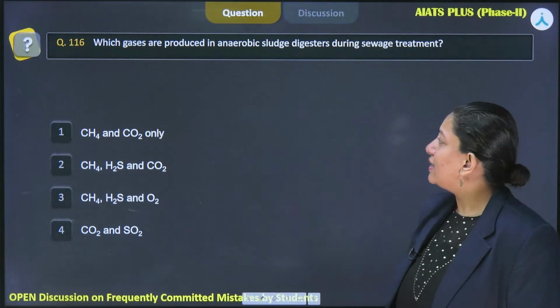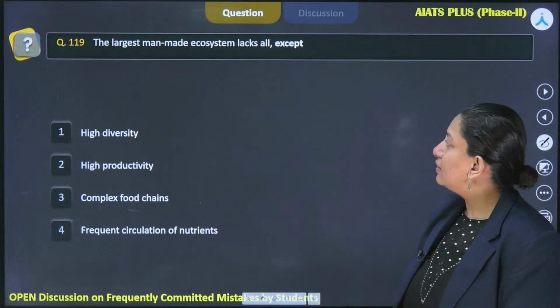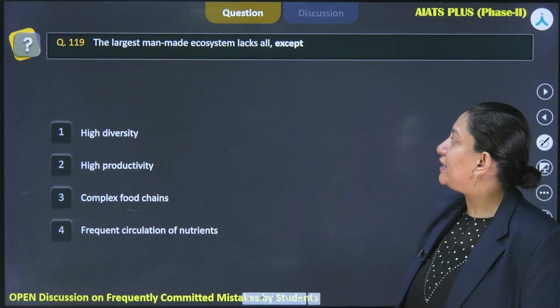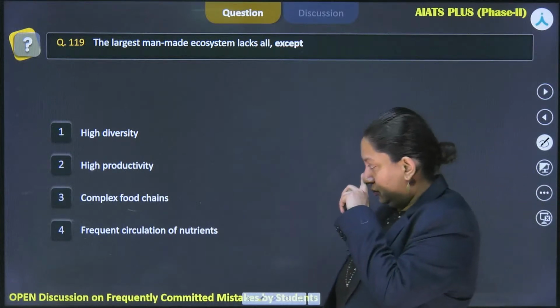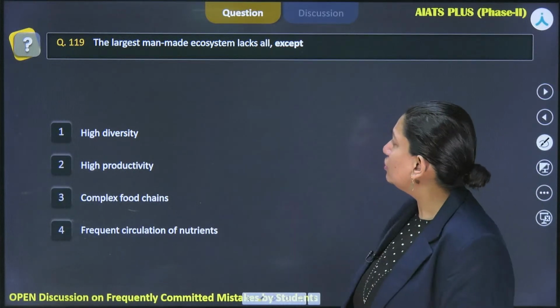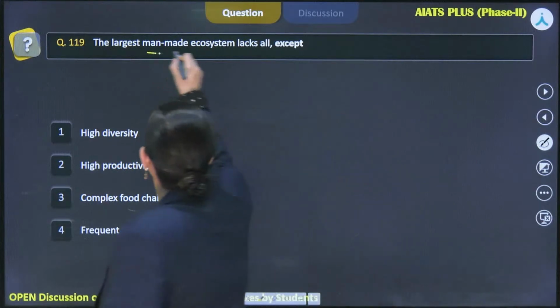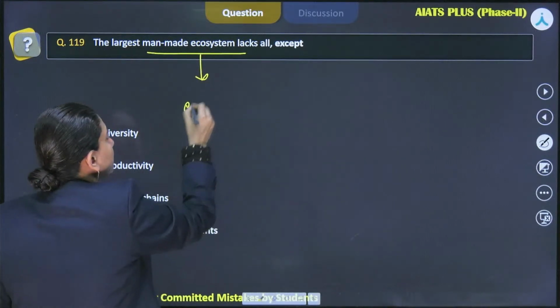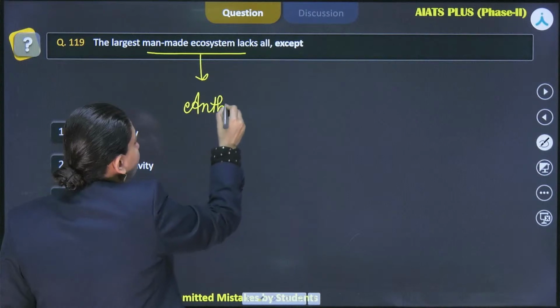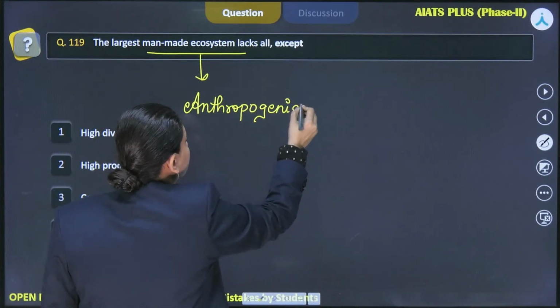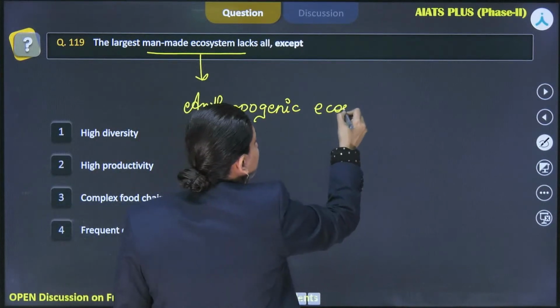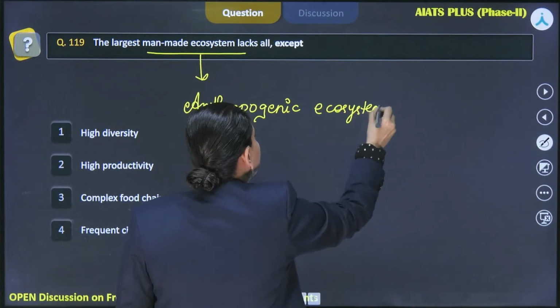Now, moving ahead, another question that we have is: the largest man-made ecosystem lacks all except, right? So when we talk about the man-made ecosystem, that means we are talking about anthropogenic ecosystems which are under the direct care of humans, right?